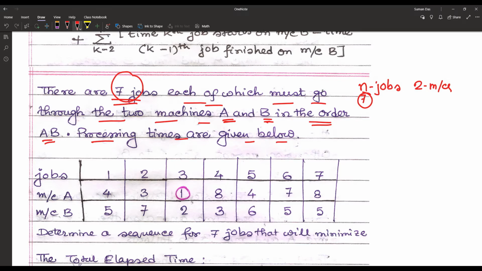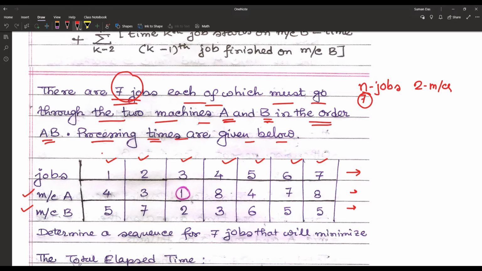Now according to the table, the first row gives us the number of the jobs. There are 7 jobs, so those are 1, 2, 3, 4, 5, 6 and 7. As the order is AB, the second row denotes machine A and the third row denotes machine B. Now the processing times.